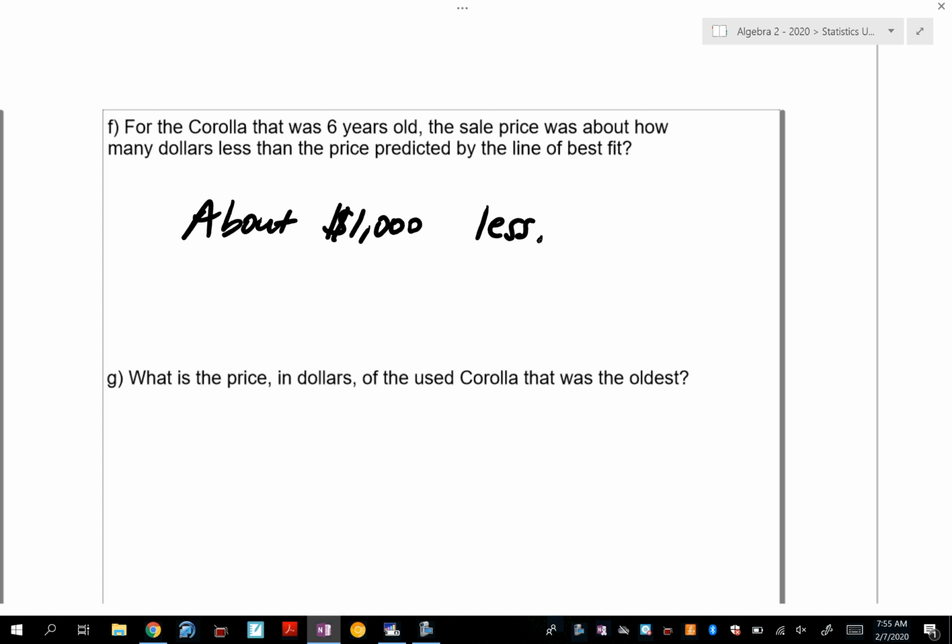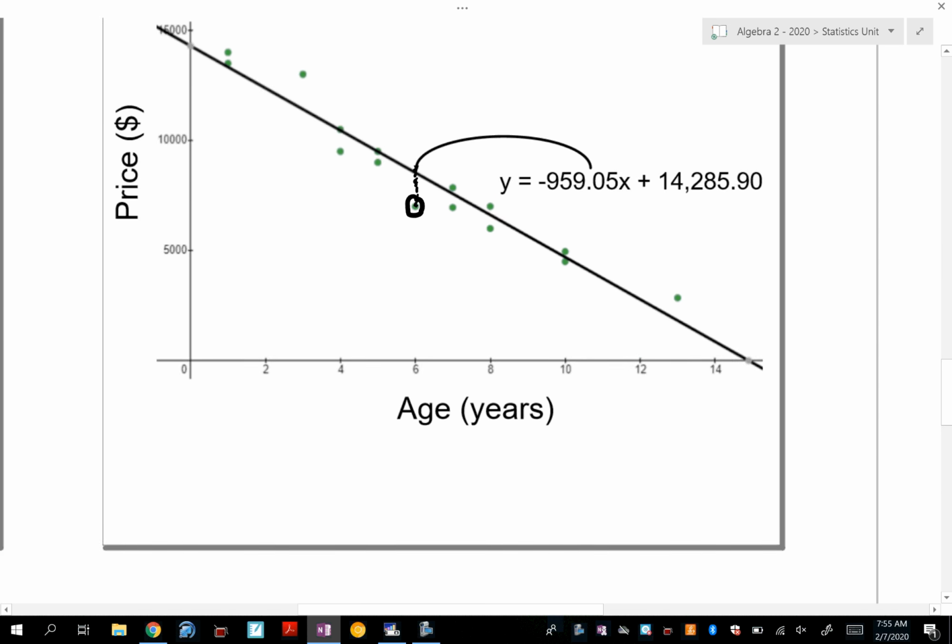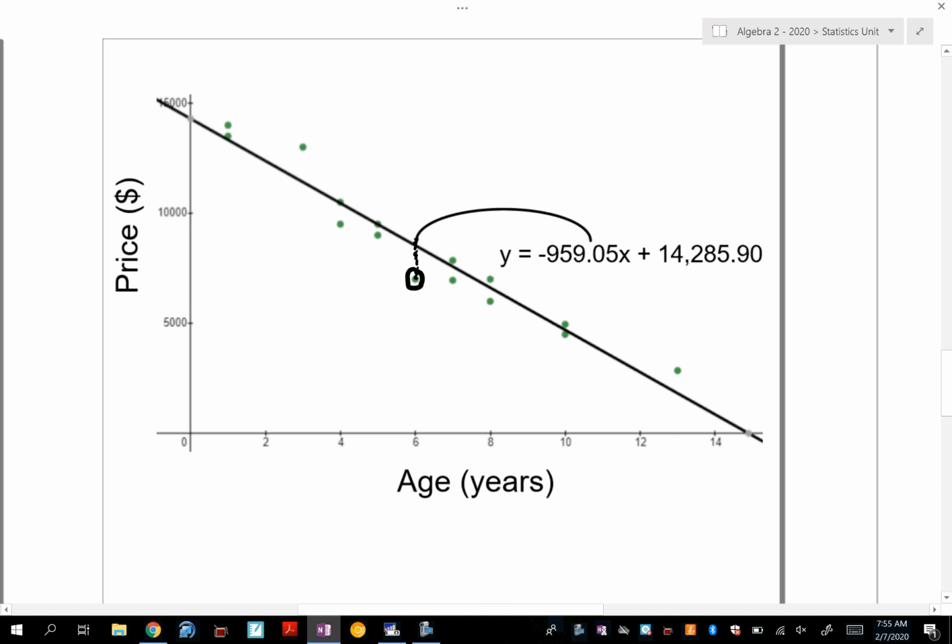What is the price in dollars of the used Corolla that was the oldest? Again, I know you can answer this question by looking at the table, but I put this question here because on the SAT, they have you use a scatter plot. Okay, so we want to look for the used Corolla that's the oldest, and what was the price? All right, so where is the green dot for the used Corolla that's the oldest?